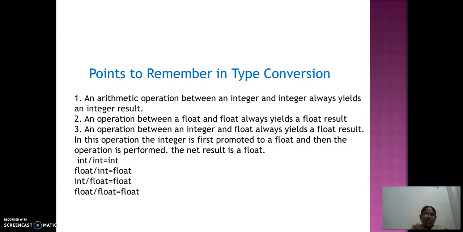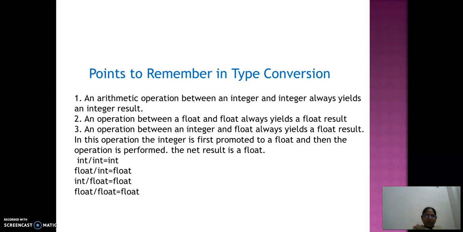So the points which we need to remember in type conversion are: an arithmetic operation between an integer and an integer always yields an integer value. That you know, 2 plus 3 is equal to 5, which is an integer. An operation between float and float is always a float, like 2.5 plus 3.2 is equal to 5.7.